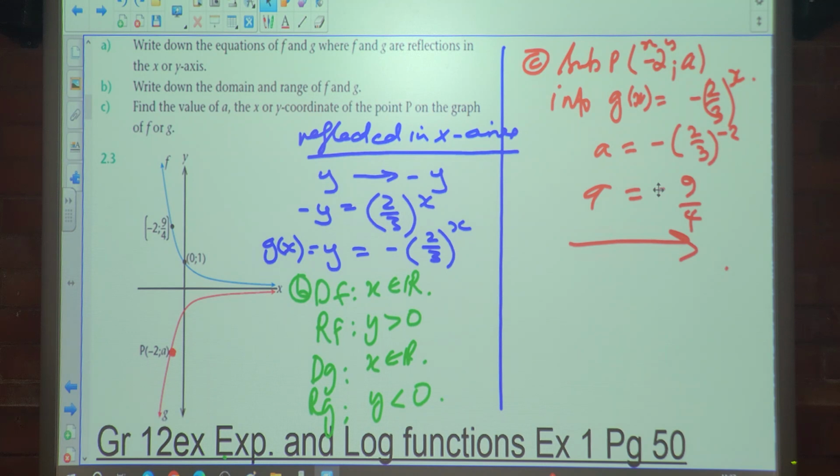Bonus question? No, this is basic. This is not bonus. This is basic stuff. These things you need to know from grade 11. Sorry? It was supposed to be easy. No, Michael. Okay. Yeah, but then again, all things in maths are easy.